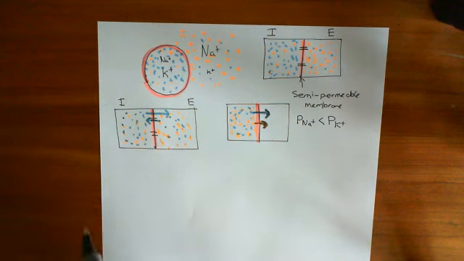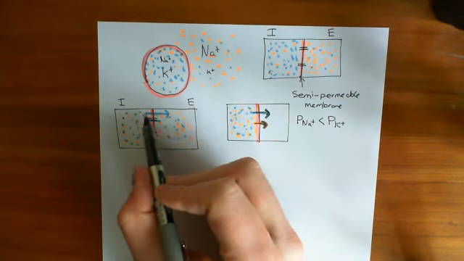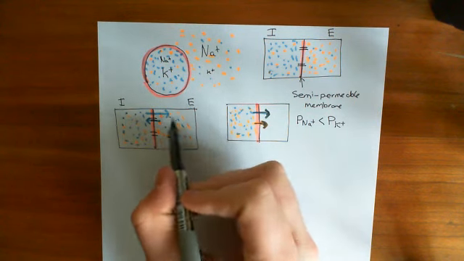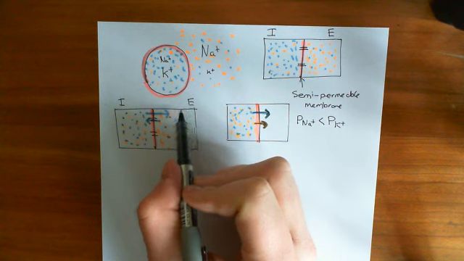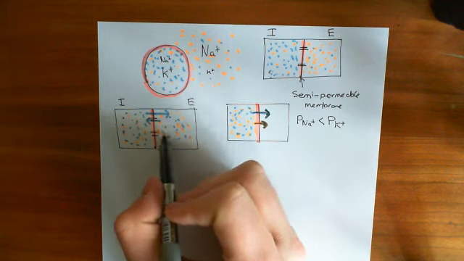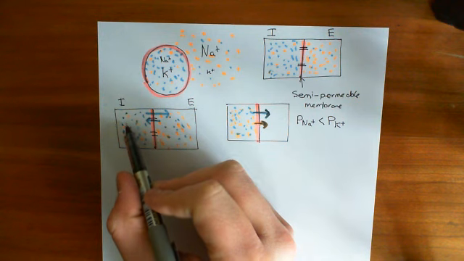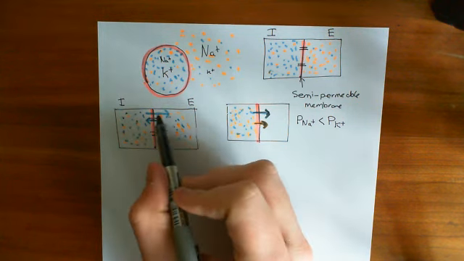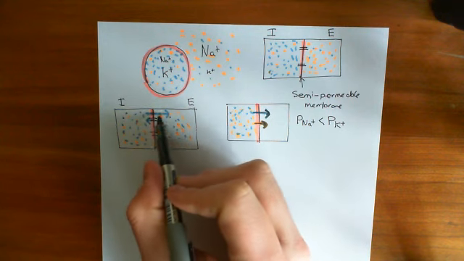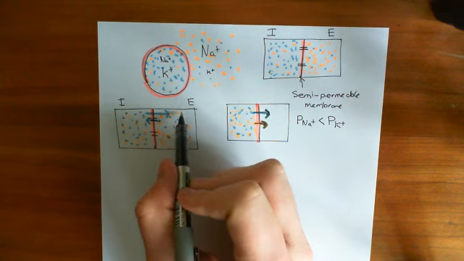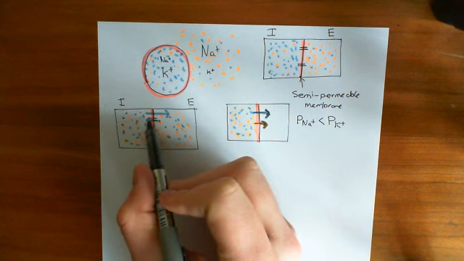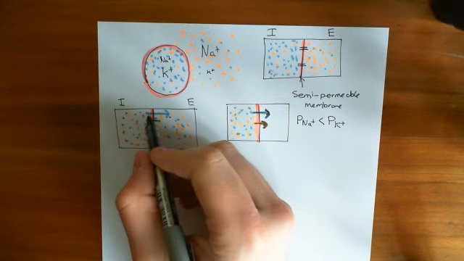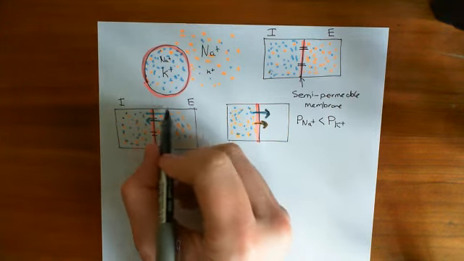So you have a movement of potassium ions in both directions: from the intracellular to the extracellular component, and also a few potassium ions going from the extracellular to the intracellular component. However, because the concentration of potassium over here is greater, the movement from intracellular to extracellular is greater. So overall, you get a net movement of potassium in that direction.